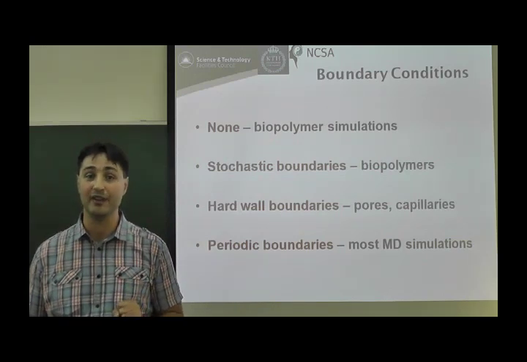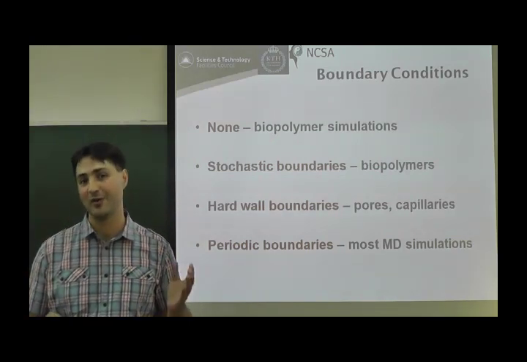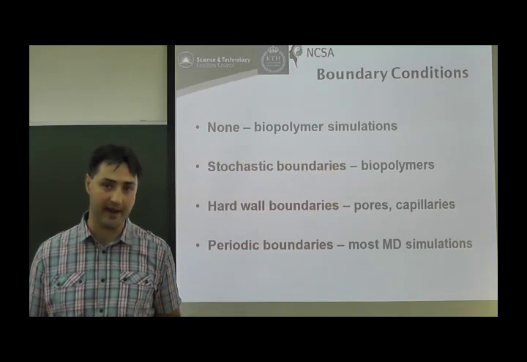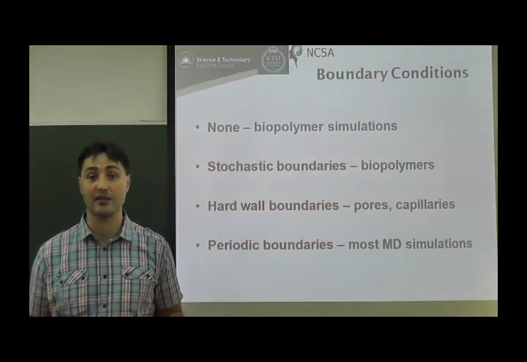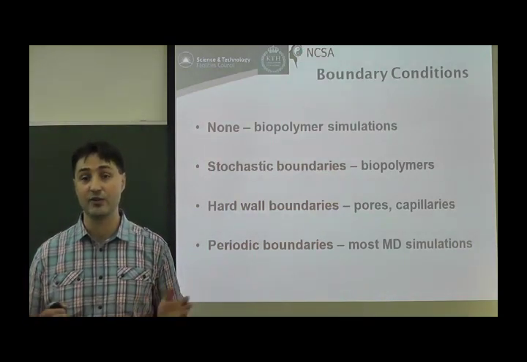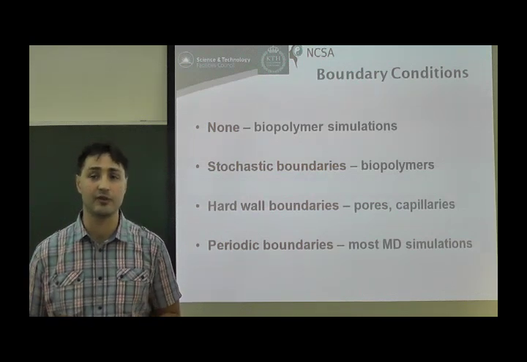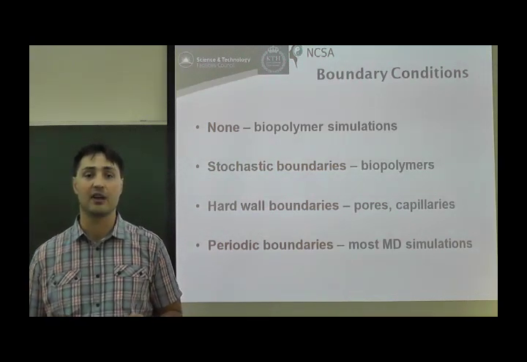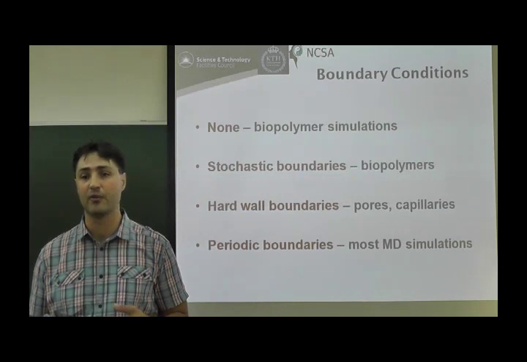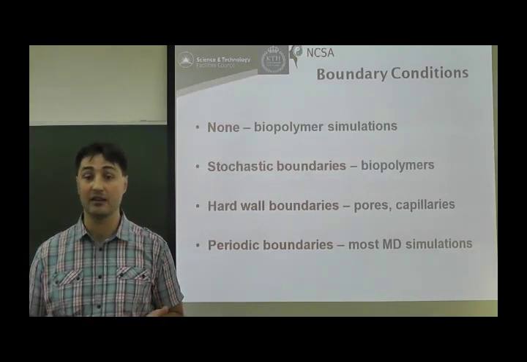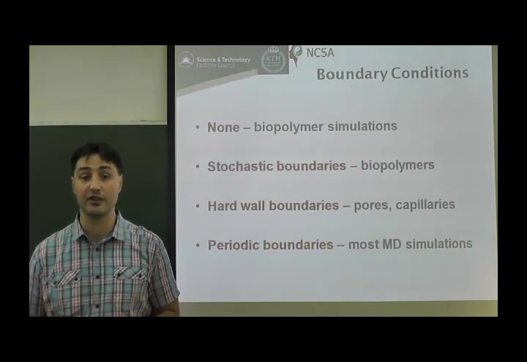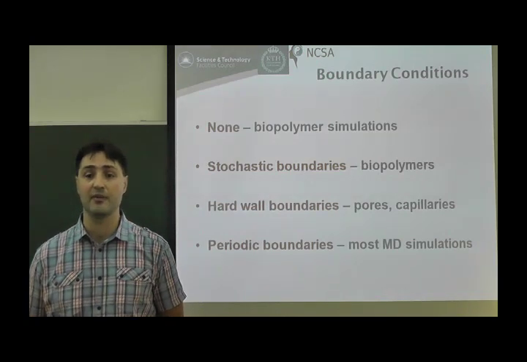Not all of them are periodic, so we can have none, where we have to be really careful about surface effects. We can have stochastic boundary conditions, where we change what is coming in and coming out of the system, which is useful for biopolymers. We can have hard wall boundaries, like pores and capillaries, and as I mentioned, periodic boundary conditions, which are the most popular in MD simulations.